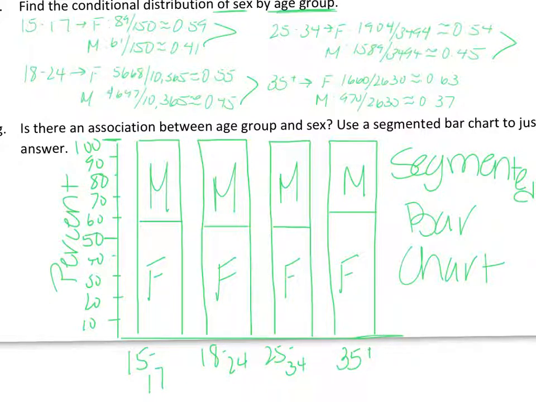So if knowing something about the age helps us to predict whether they are female or male, we should see significant differences in our bars. So if the bars are similar to each other, then that would tell me that there's really not an association between the two. It doesn't appear that knowing one thing helps me to predict the other.